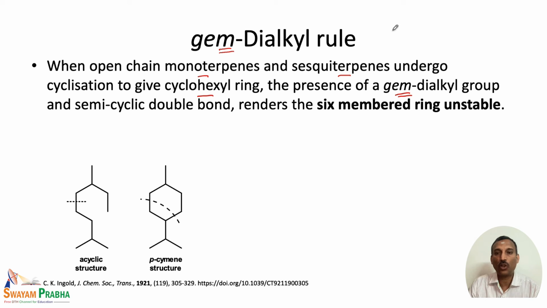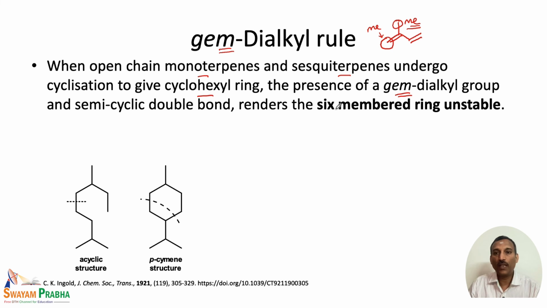When we talked about the isoprene unit, we wrote the structure like this: there is a double bond, and there is another double bond. That means we have one methyl unit here and another CH2 unit which may be converted into a methyl unit later on. So we have a gem-dimethyl group present in all the terpenes.